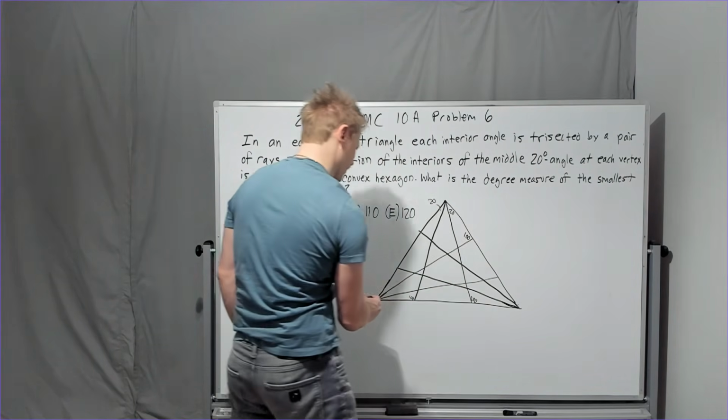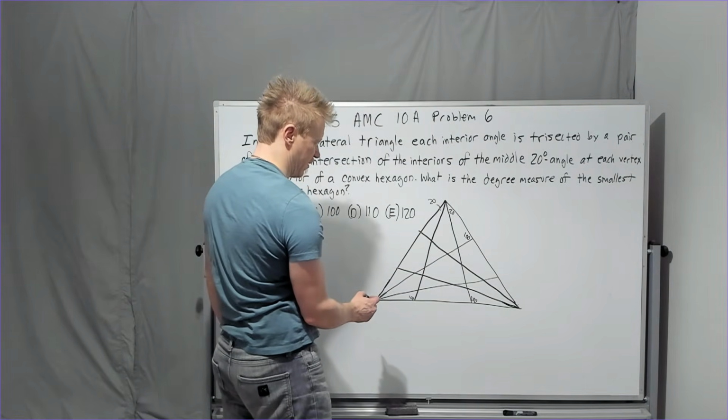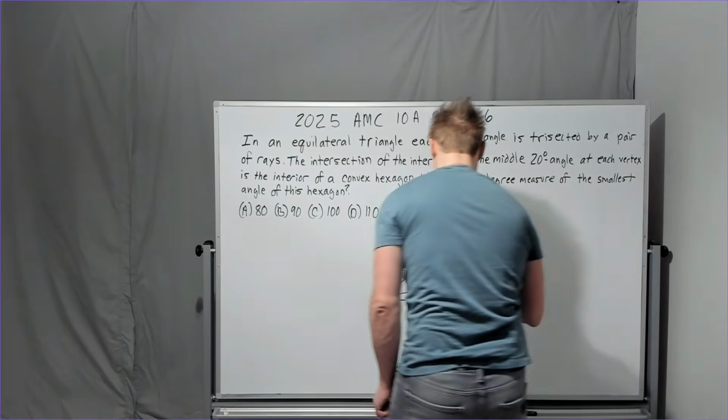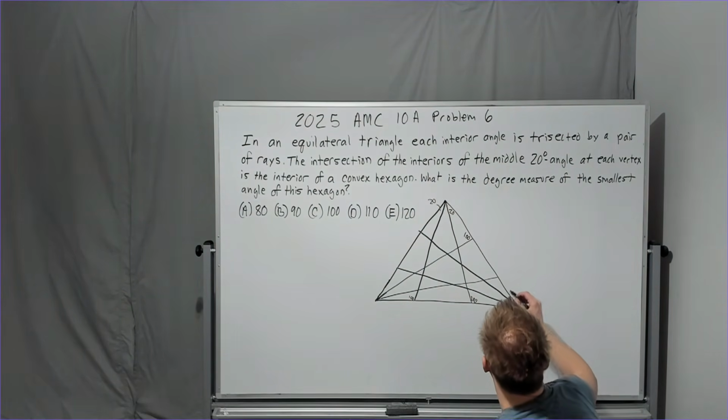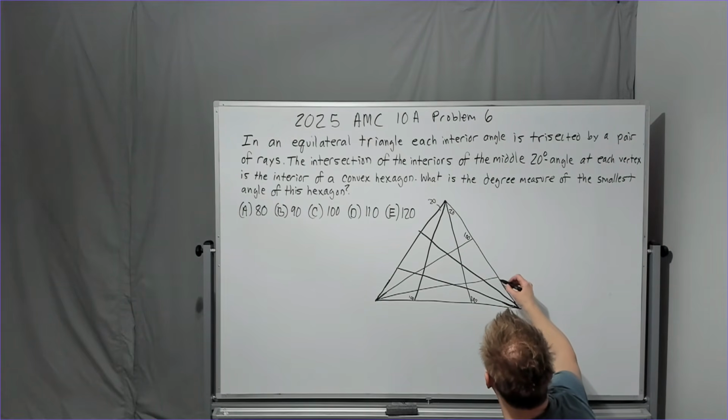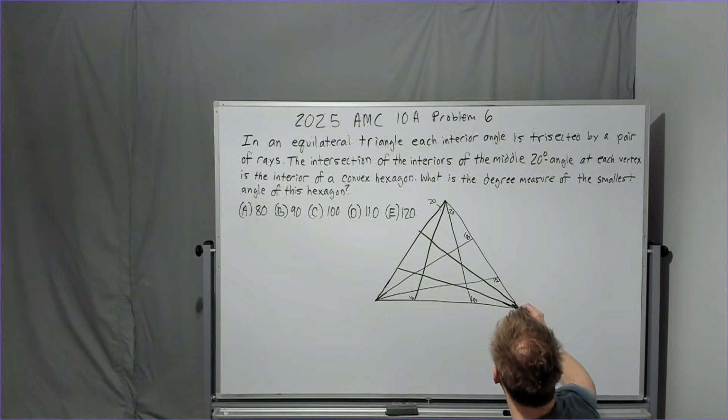Let's see, what else do we know? Okay, so this will be 100 over here as well. And this angle in the middle is 20. And this angle here is 20.